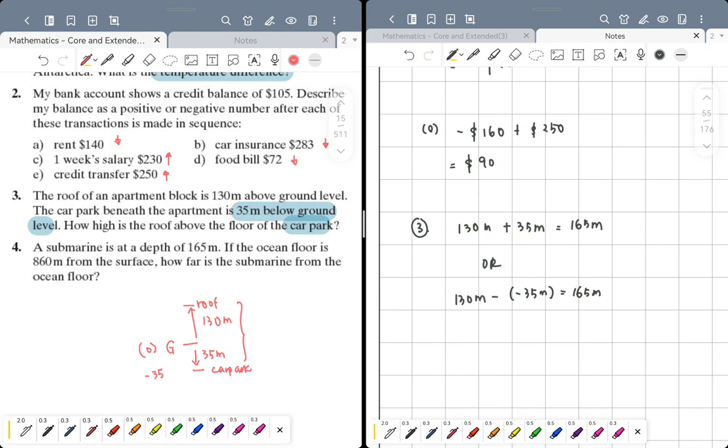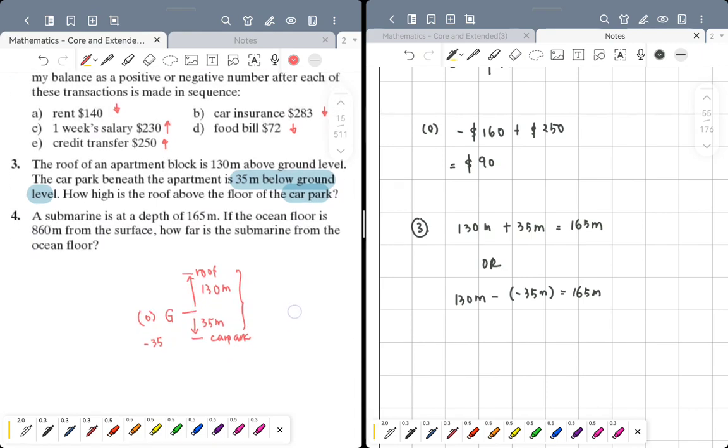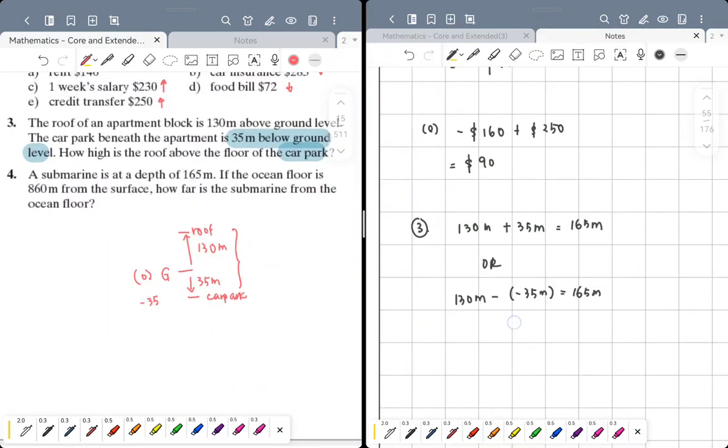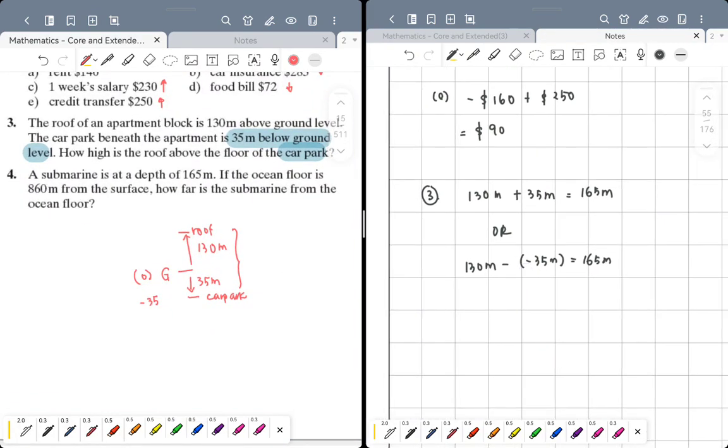Okay. Now, question 4. A submarine is at the depth of 165. If the ocean floor is 860, how far is the submarine from the ocean floor? So it means that, let me erase this.